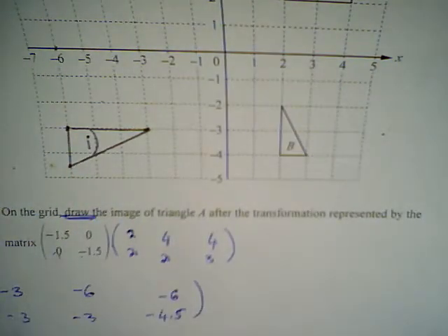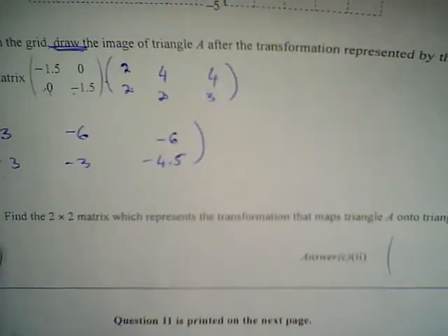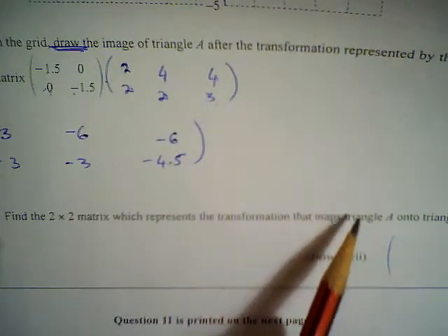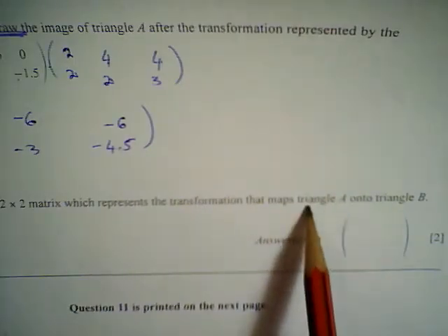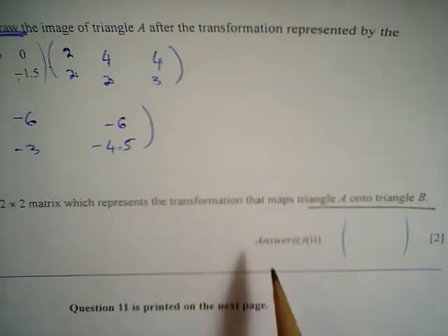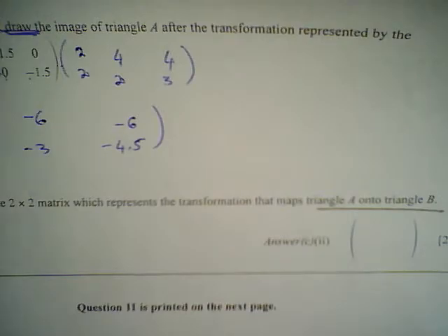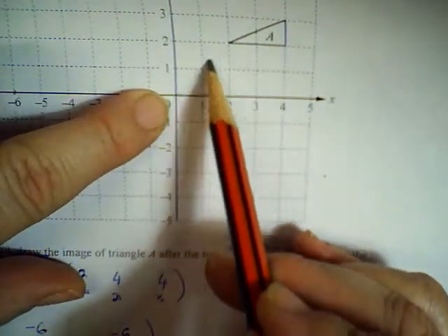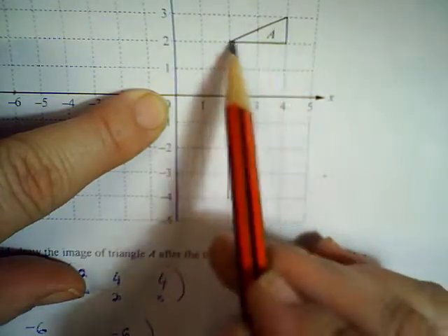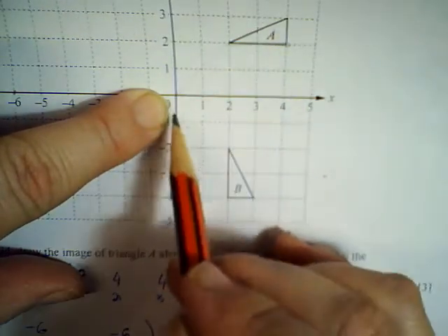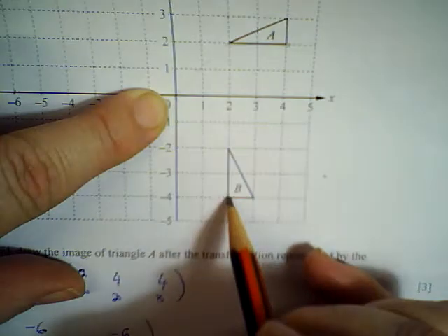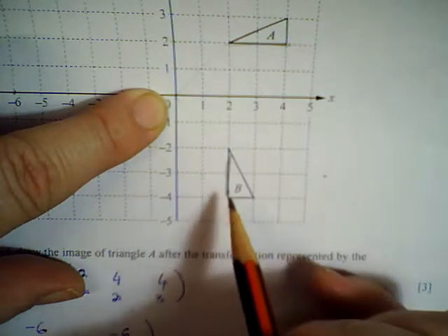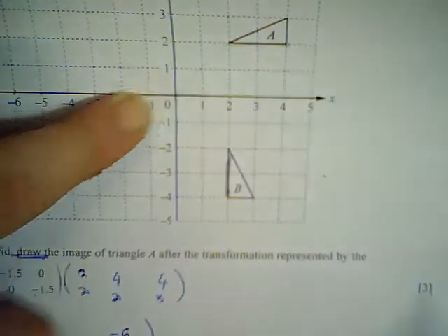Okay, good. Now they ask us, find the 2 by 2 matrix that represents the transformation that maps triangle A onto triangle B. So what happened to this triangle? Let's have a look at triangle A and triangle B. Here's my little stiff leg. That's the X value. If I turn it, that's now the Y value. So it's a 90-degree rotation.